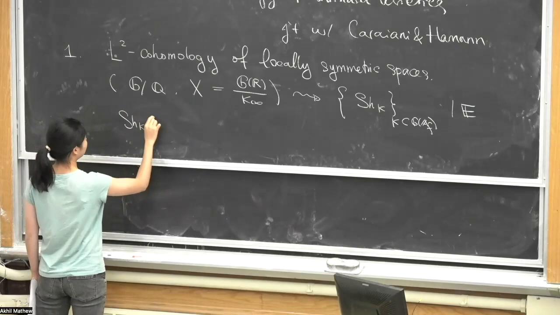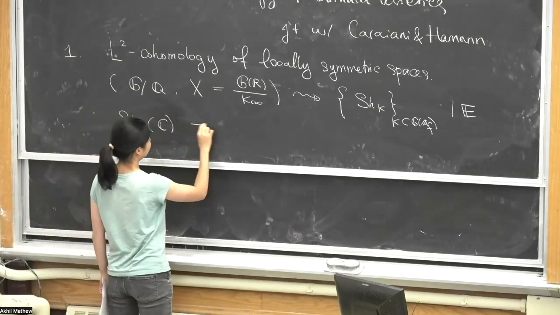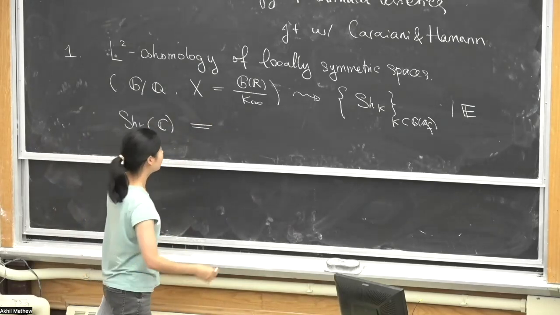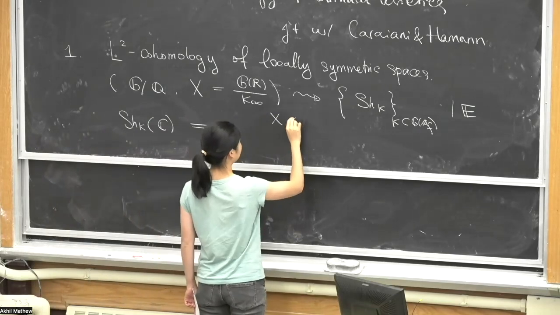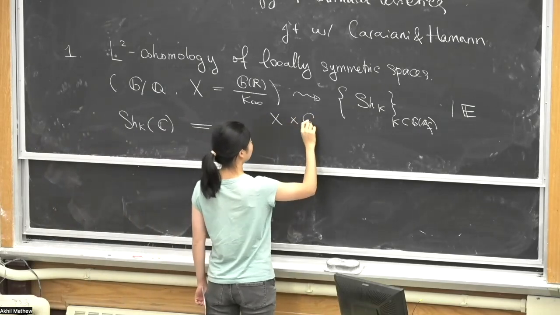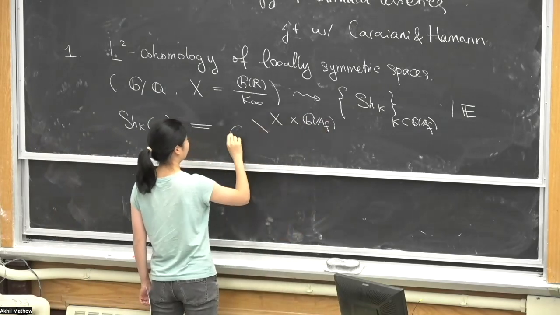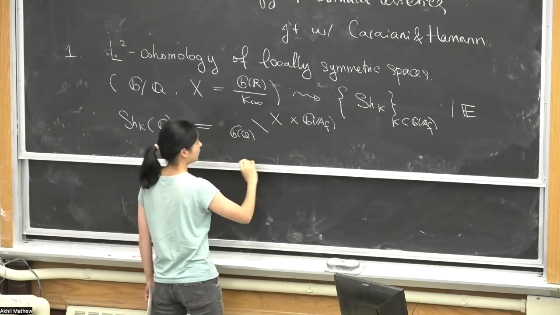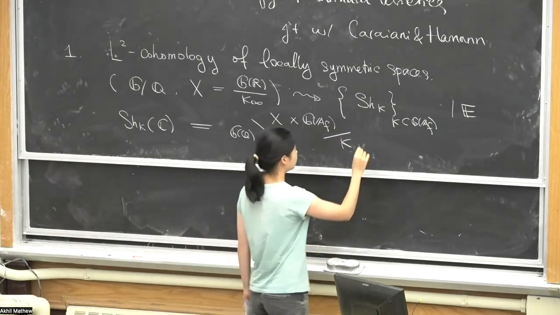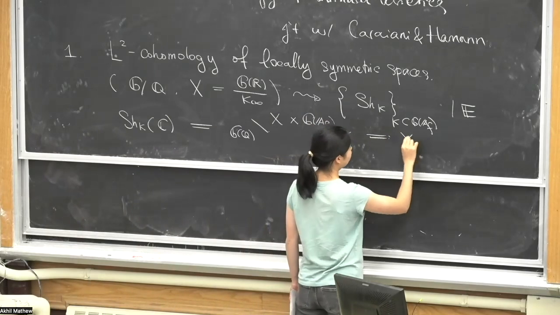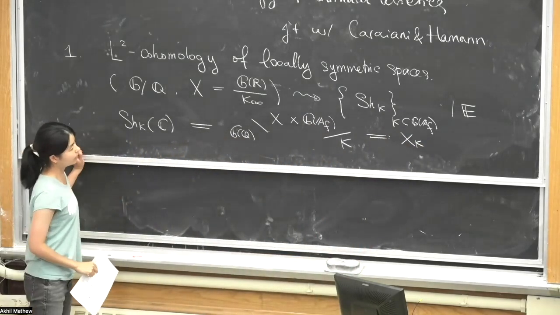So if we take the complex points of the Shimura variety labeled by K, then this has a presentation as an adelic double coset, by taking the product of this symmetric space with the finite adelic group, left quotienting out by the diagonal action of the rational points of G and right quotienting out by the level group K. Let me also, for simplicity, write X_K for this double coset as a complex manifold.